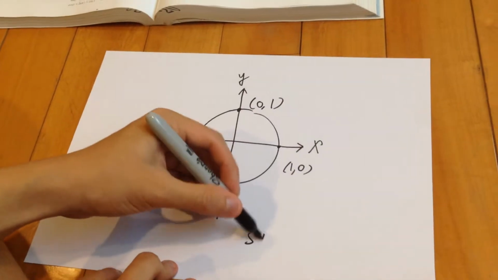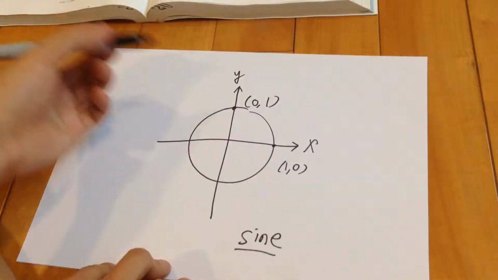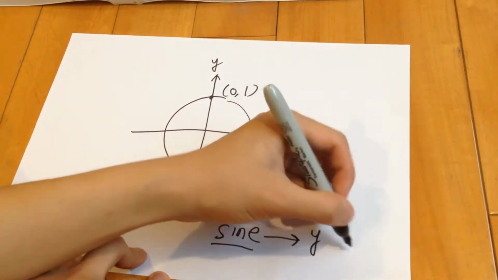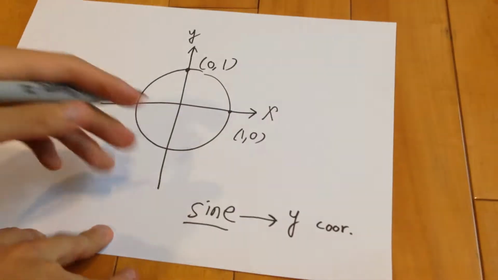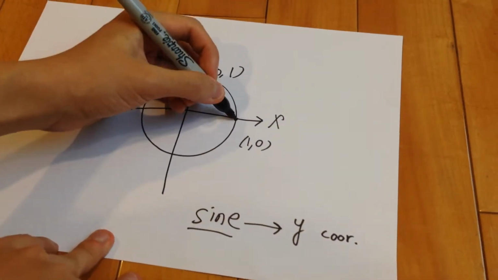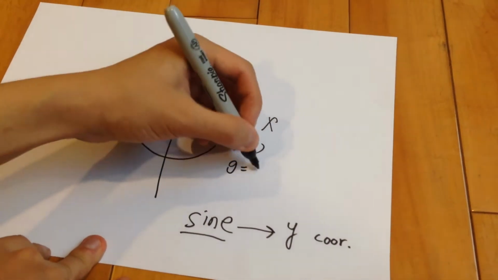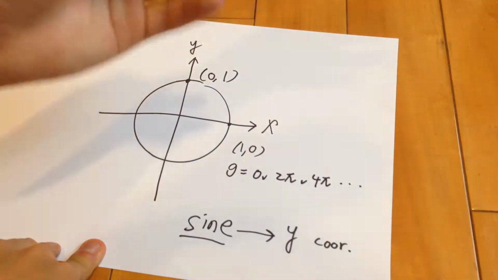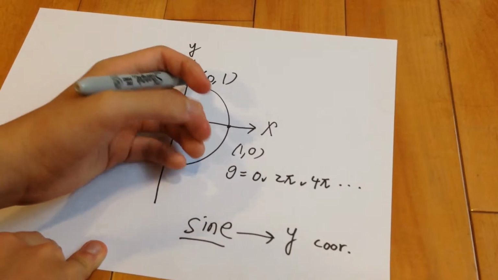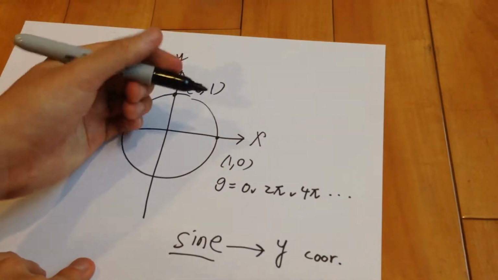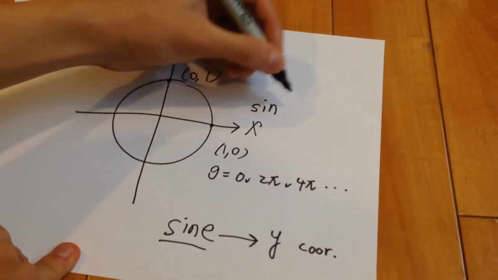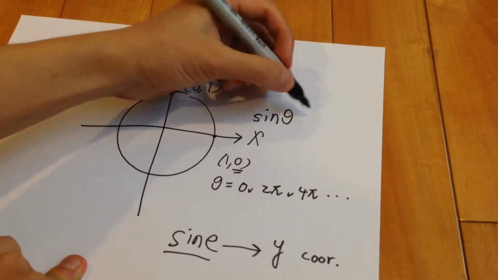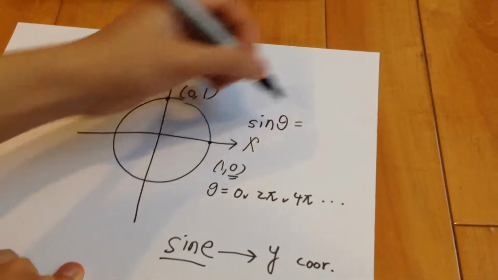By this time, you should know that the sine of a certain angle resembles the y-coordinate. It's a unit circle. So for example, at this point, theta would be 0, or 2 pi, or 4 pi, or 6 pi, 8 pi, 10 pi, 12 pi. And therefore sine theta, resembling the y-coordinate, would be 0.